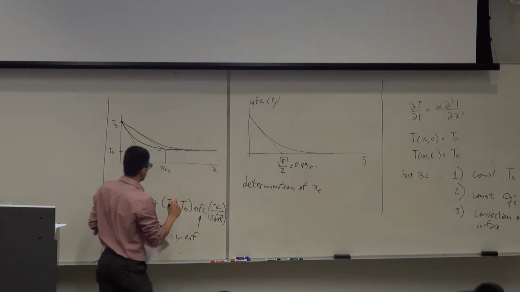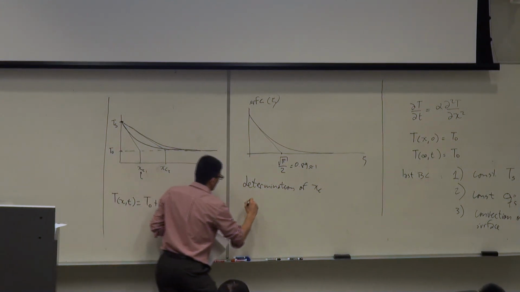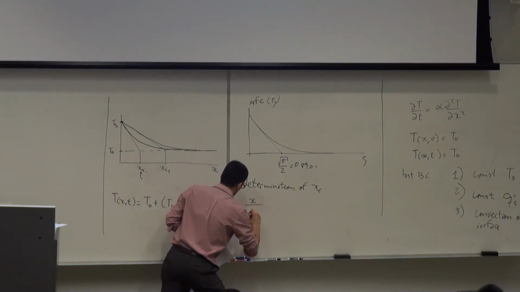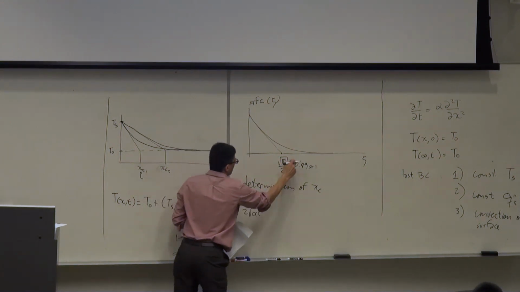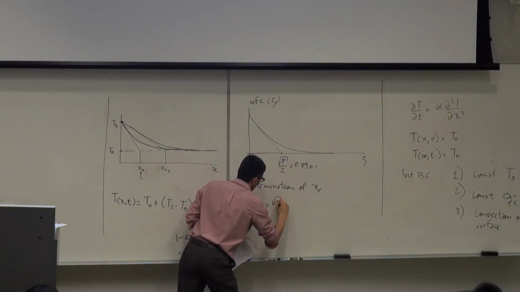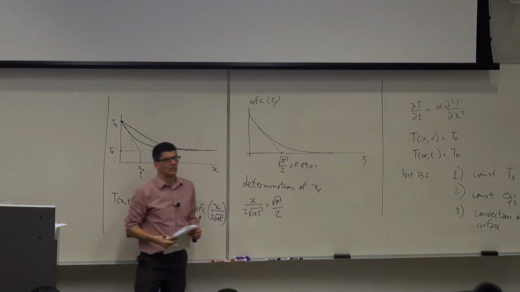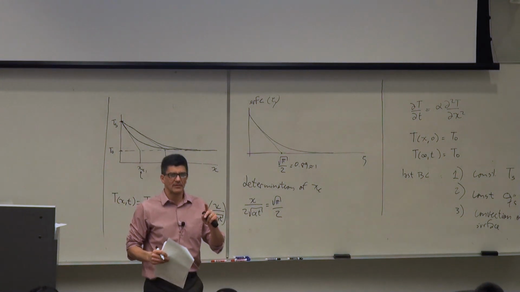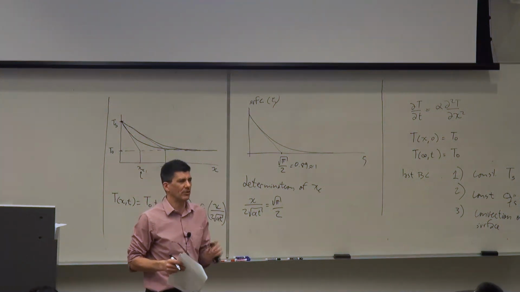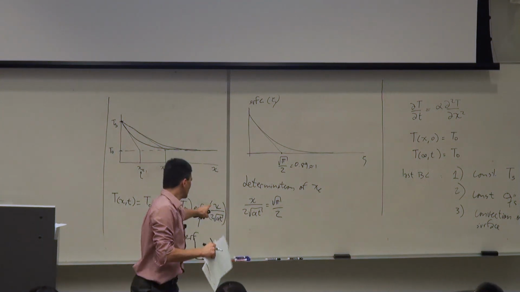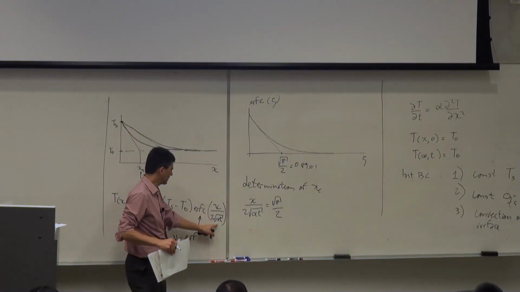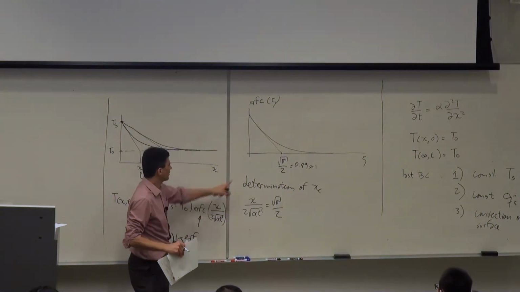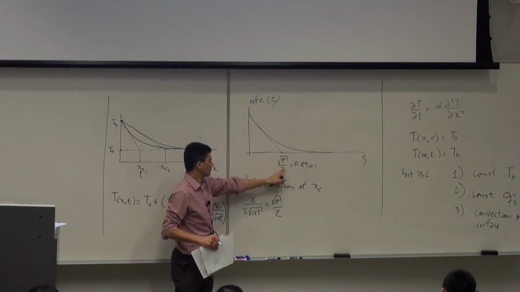So I'm going to grab what is inside here, x over 2 square root of alpha t, equals square root of pi over 2. The math is high school math. It's just like being on top of what we are doing. Everybody follows what I wrote? I grabbed this argument, and I said, oh, this argument crosses the axis when it's square root of pi over 2.